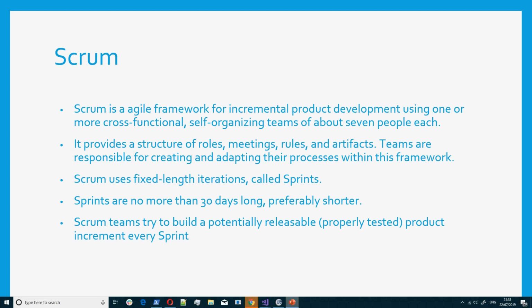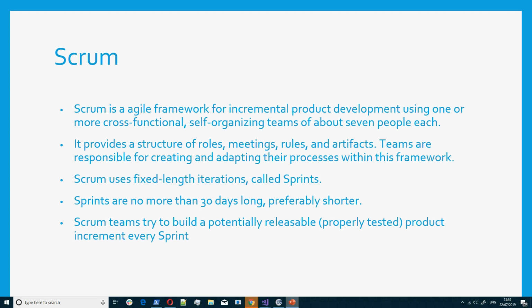So in Scrum, having a fixed iteration is mandatory. You will need to have a sprint, and the sprint can be 2 weeks, can be 3 weeks, can be 1 month, but not more than 30 days. But the one most used by people that I've seen is the 2-week sprint. The 2-week sprint is so frequent.